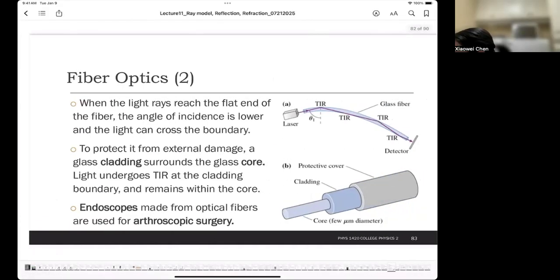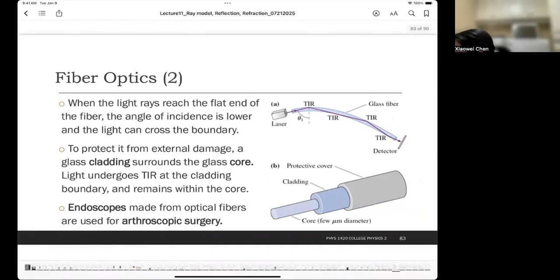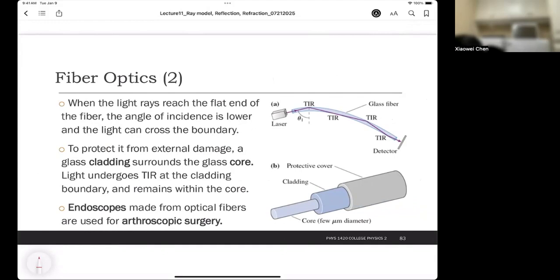Okay. When the light rays reach the flat end of the fiber, and the angle of incidence is lower than the critical angle, the light can cross the boundary. To protect it from external damage, a glass cladding surrounds the glass core, and light undergoes TIR at the cladding boundary and remains within the core.